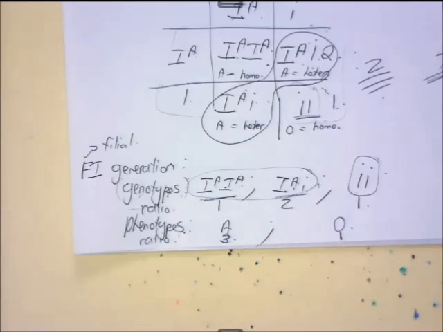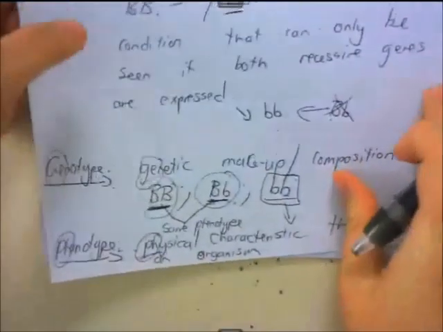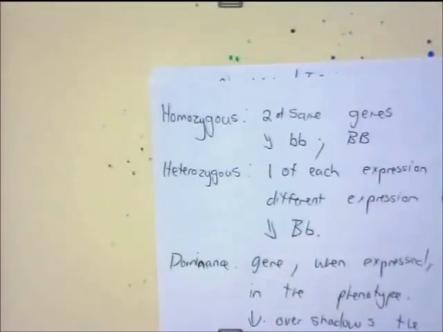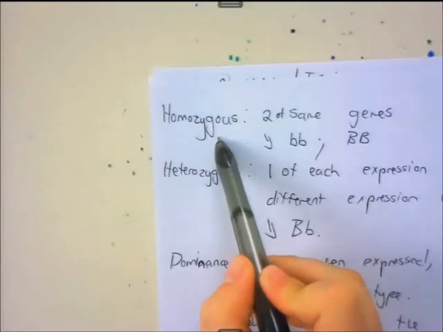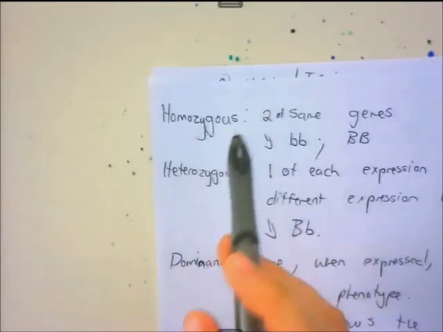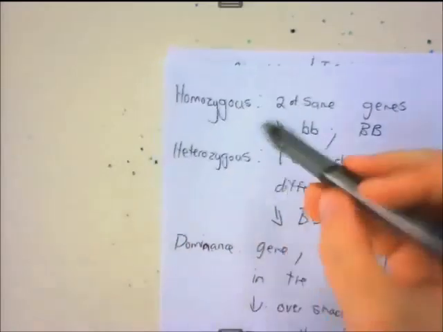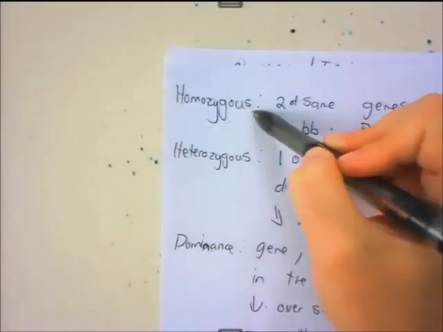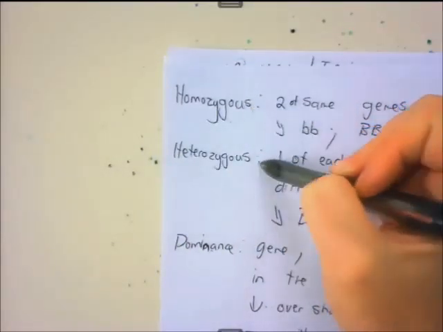Okay, and that's why the very first section of work that we did, the very first page that I did with you, where I highlighted those 6 terms, governs the whole of this chapter of genetics and genetic engineering and blood grouping and things like that. You have got to know what homozygous and heterozygous means.